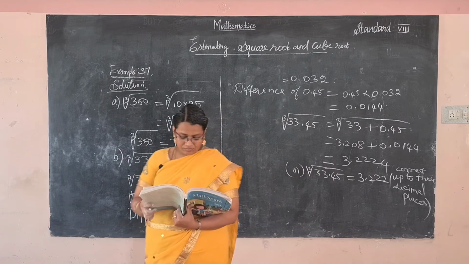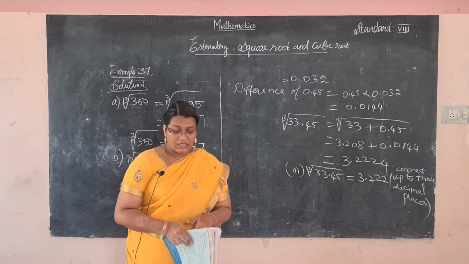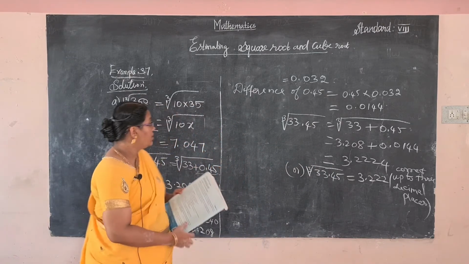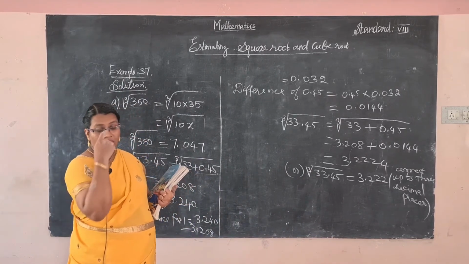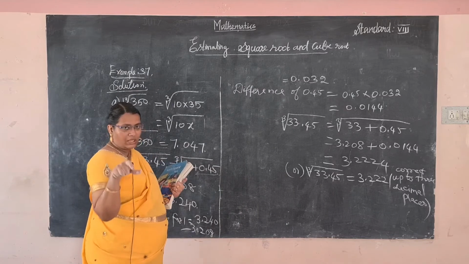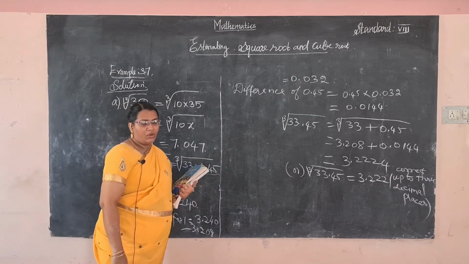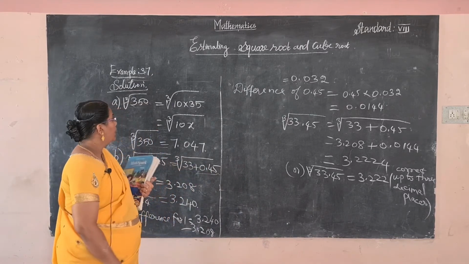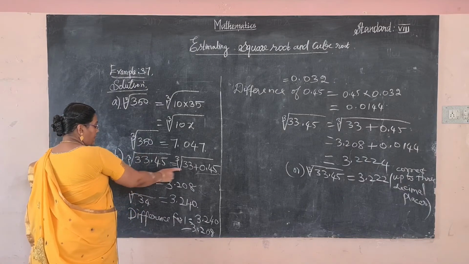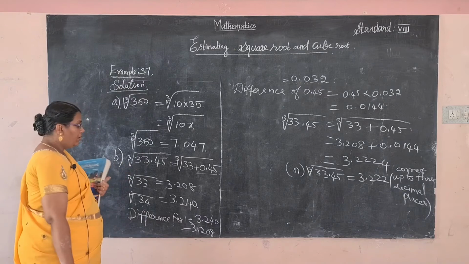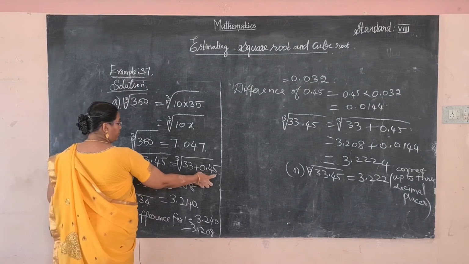Now see the exercise problems. Do you understand this concept? If the direct value is given, you find the value from the table of cube root and square root. In case this kind of problem is given, you separate the decimal number.